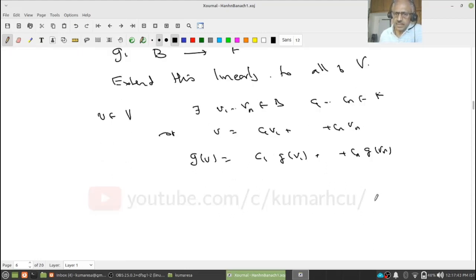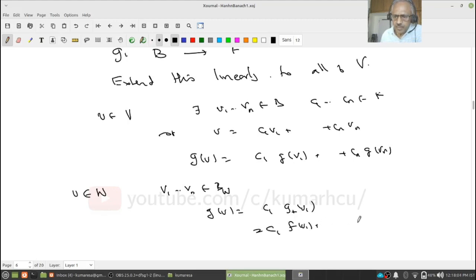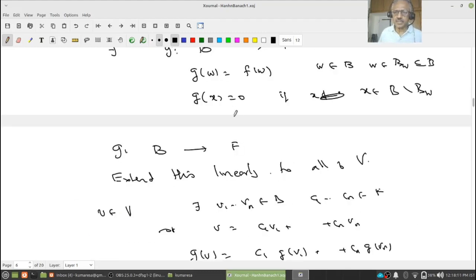Now notice that if my v happens to be in W, then all of b1 to bn must be in B_W. Therefore, in that case, g of v becomes c1 f of b1 plus up to cn f of bn. Remember, g of w equals f of w if w happens to be in B_W.